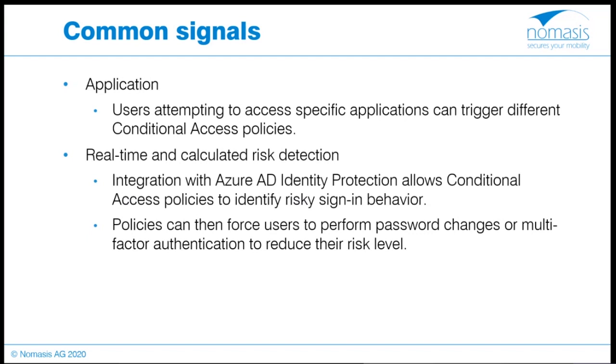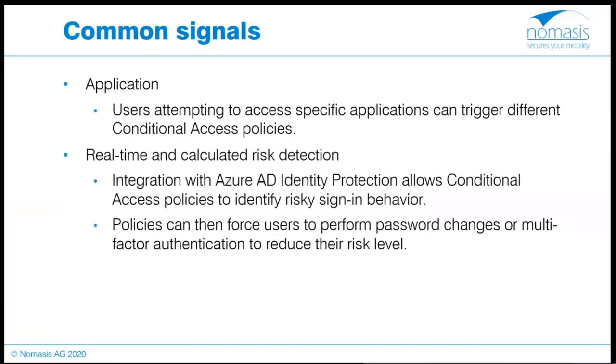And the real-time and calculated risk detection uses a third party, another part of the AAD, which is Identity Protection. This one will help you check more information about the user, if the user has a risky sign-in behavior.